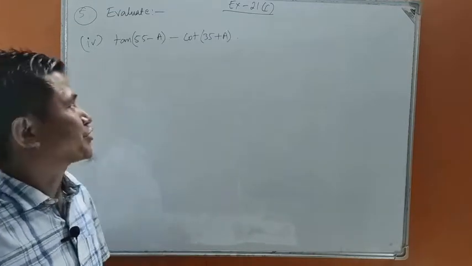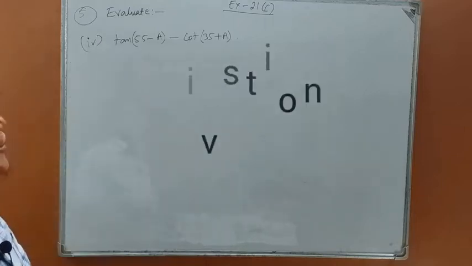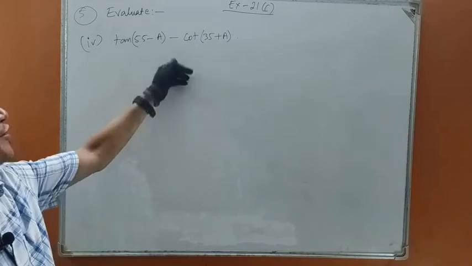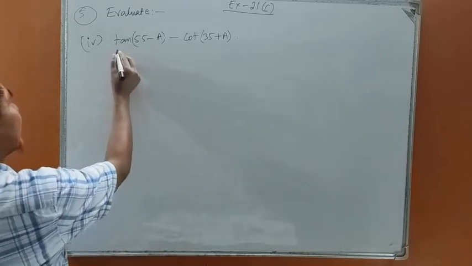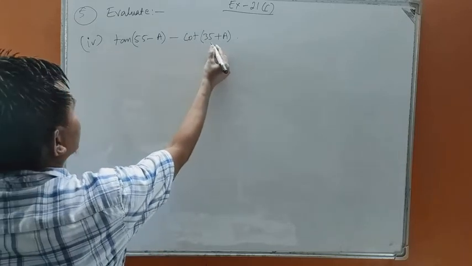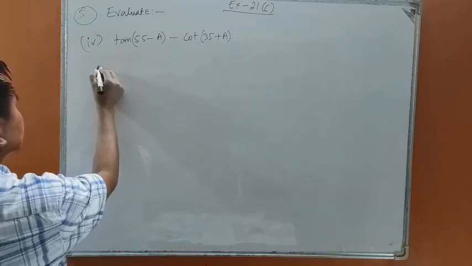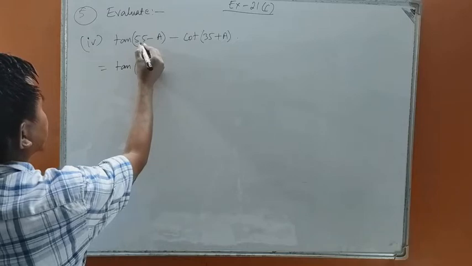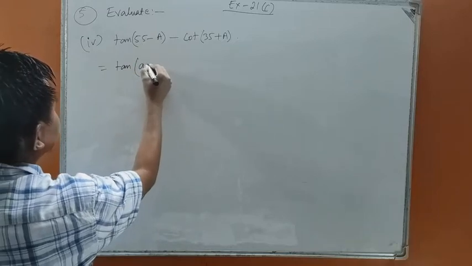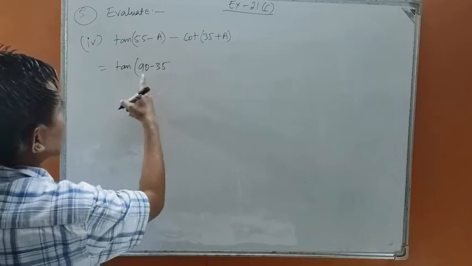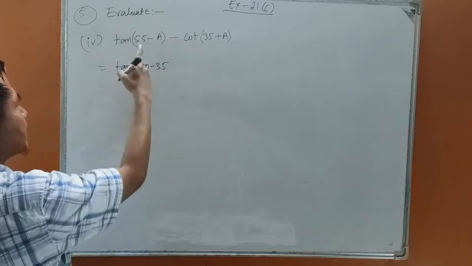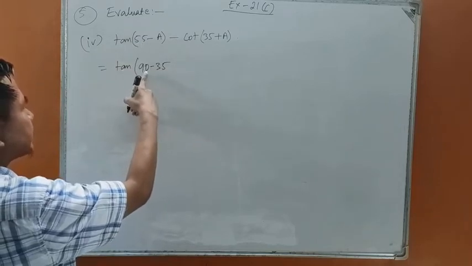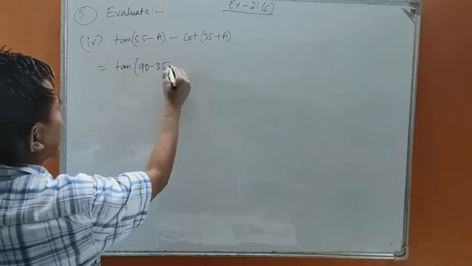Now let us do question number 4 of 5. We are asked to find the value of this expression: tan of 55 minus a minus cot of 35 plus a. So let's write this. This can be written as tan 55, and 55 means 90 minus 35. 90 minus 35 gives us 55. 10 minus 5 is 5, and this becomes 8. 8 minus 3 is 5, minus a.